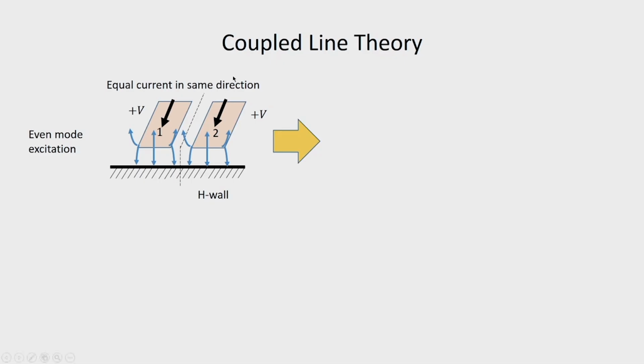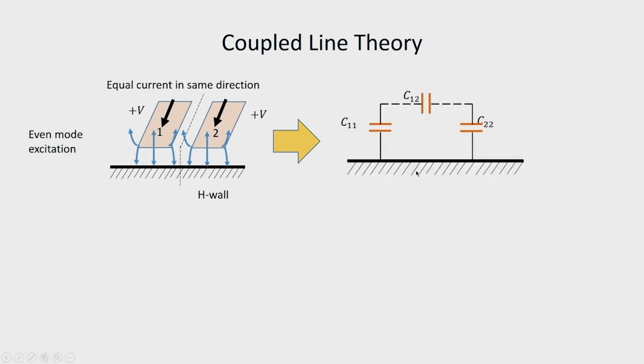Now, this type of a situation can be represented, because once you have an open circuit or H wall here, there will be an open circuit between the two conductors, and therefore, we represent it by this dotted line, because C12 has been made open now, and C11 and C22 are considered to be identical.